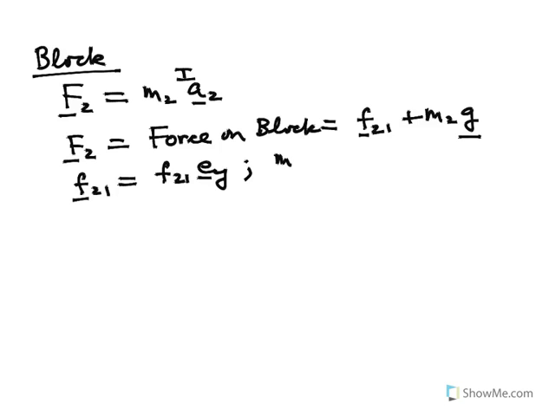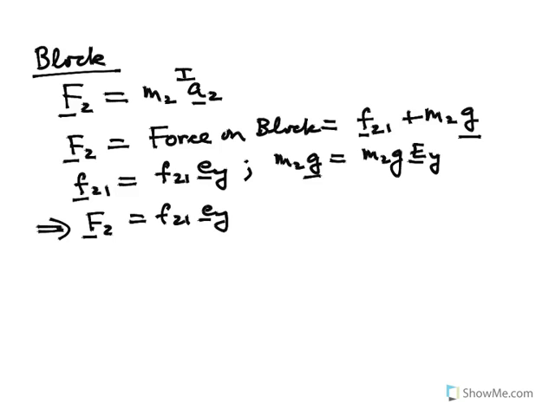And then M2G is equal to M2G times big EY, because I define big EY to be down. So that says that F2 has to equal F21 little EY plus M2G times big EY.